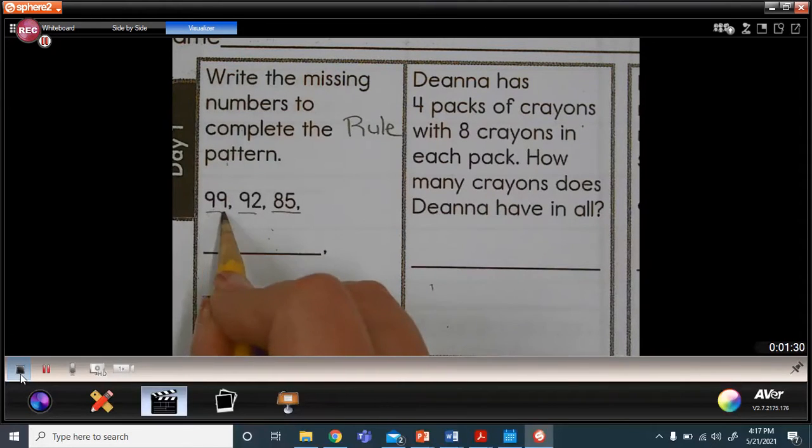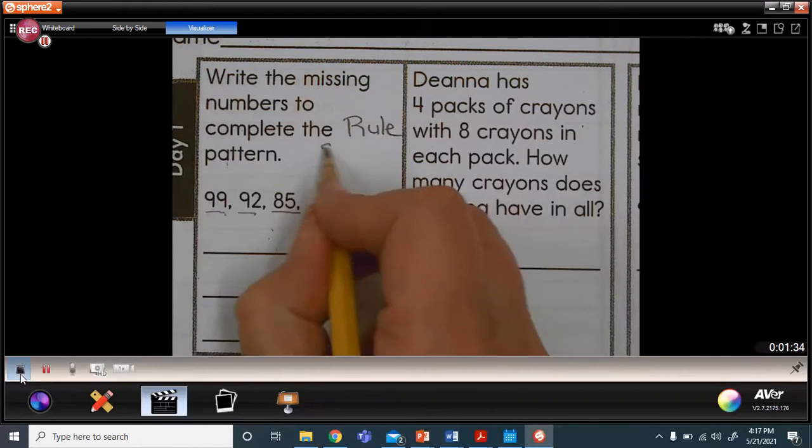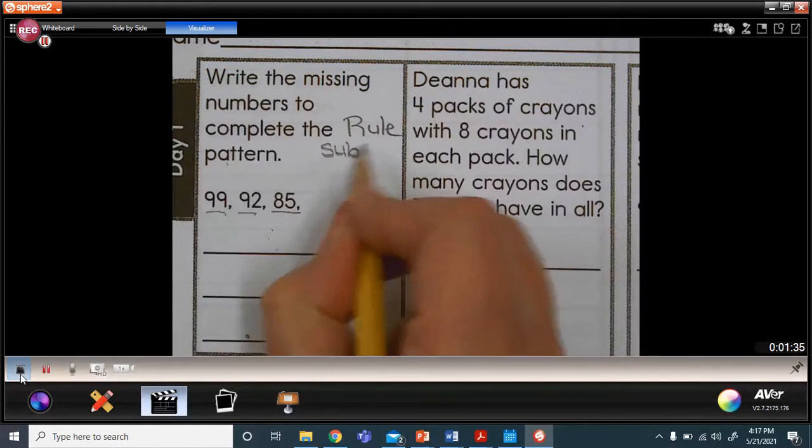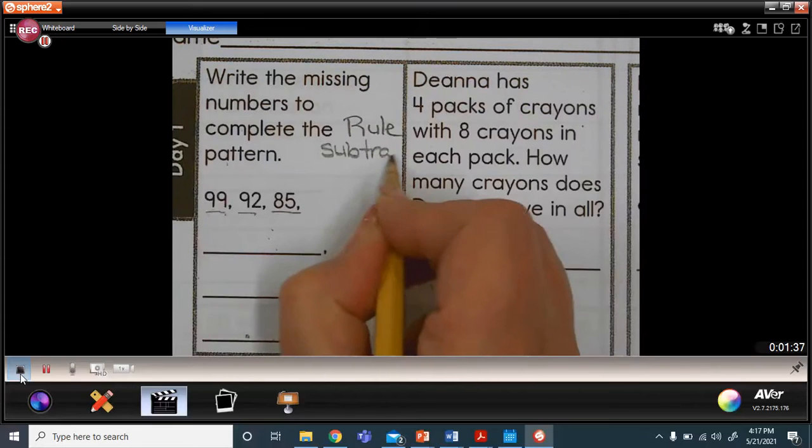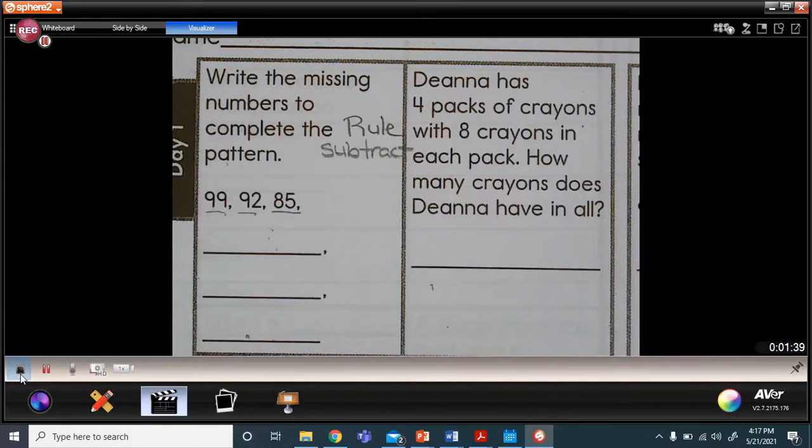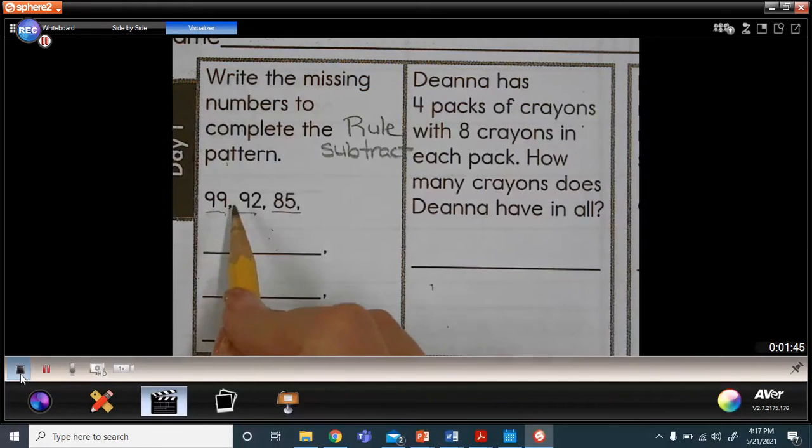To get from 99 to 92, I need to subtract what? We are going down from 99. What comes before 99? 98, then 97, 96, 95, 94, 93, and 92.